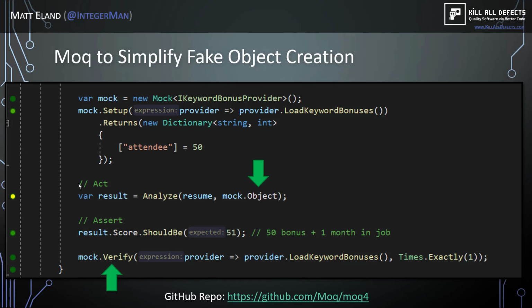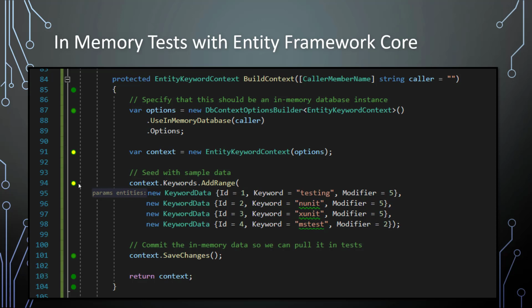All right, so let's transition a little bit into Entity Framework. I mentioned this earlier, but you can use Entity Framework, which is a data access object kind of a thing. It's a middleman between you and the database.